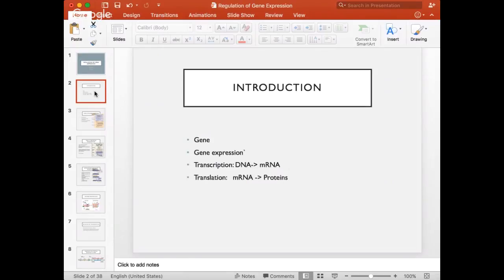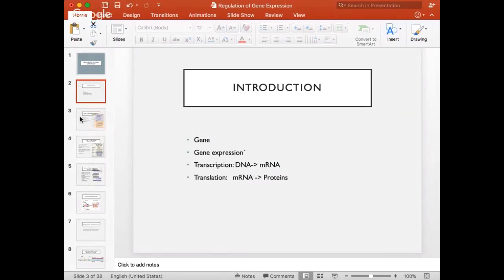Okay, so like Malik said earlier, we're going to be talking about regulation of gene expression. Before we go on, there are certain terms that we should all be able to know and understand before we go into any in-depth knowledge.